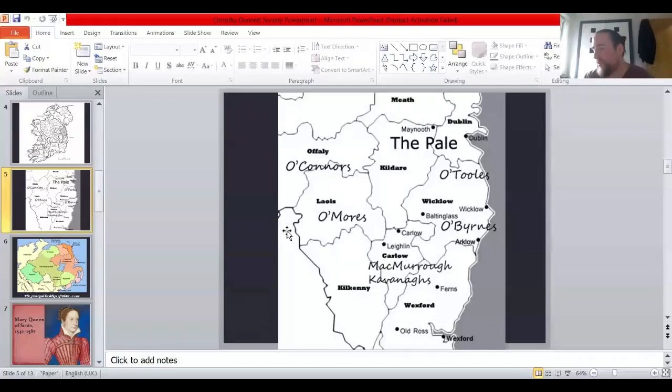Now, there is a legitimate security concern here. The O'Tooles are literally 10 kilometres from Dublin. They can raid into the Pale at will and they can attack Dublin if they want. So there are legitimate security concerns. It's not all exploitative opportunism.